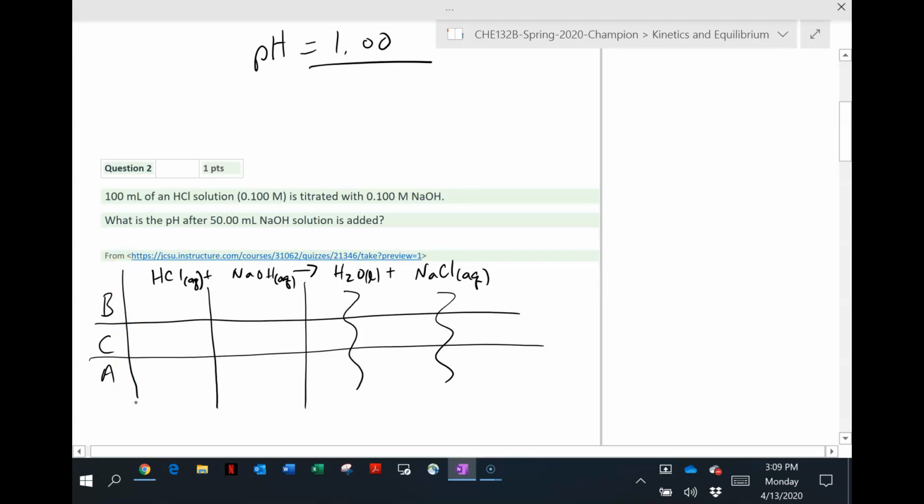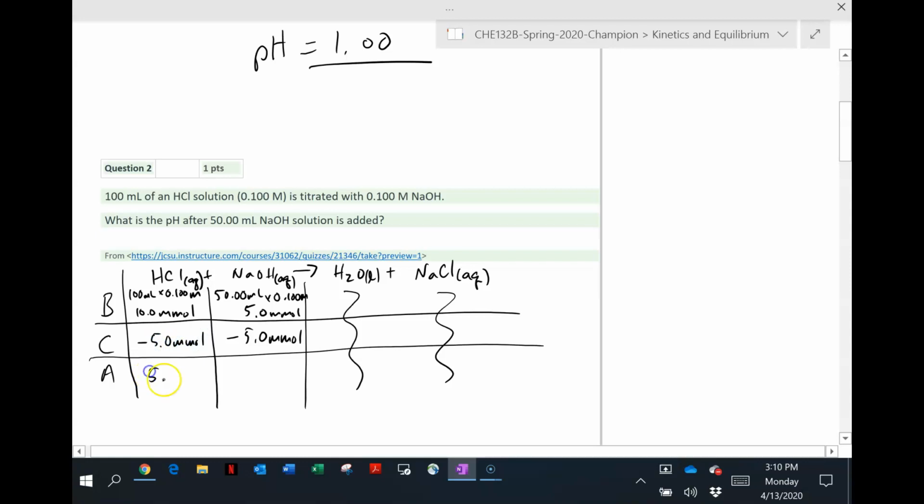If I look at HCl, I have 100 milliliters times 0.100 molar. That is going to be 10.0 millimoles of HCl. NaOH, I've got 50 milliliters times 0.100 molar. That's going to be 5.0 millimoles. And if we look at those two, the limiting reactant is NaOH, so all 5 millimoles of the NaOH will react, and 5 millimoles of the HCl will react.